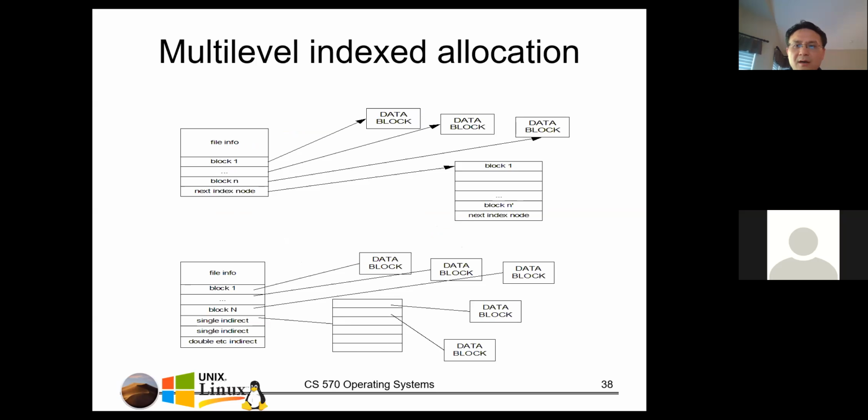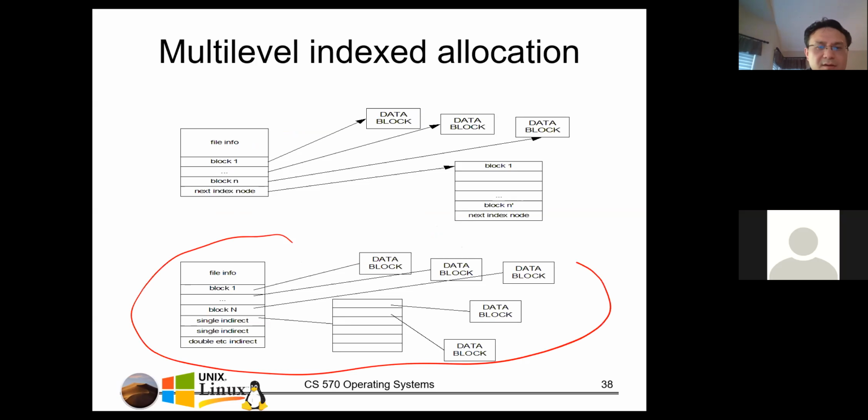All right, last class, I also showed you two different diagrams for multi-level indexing, one on the top and one at the bottom. These two extensions are not exactly the same. The key difference is the one at the bottom is what a lot of real world file systems are using.